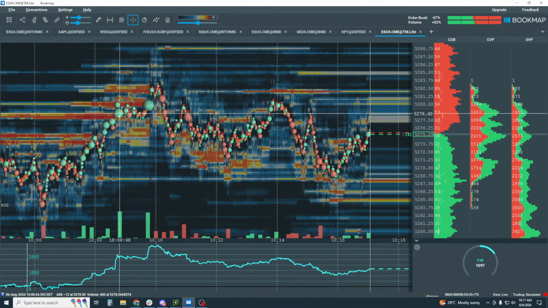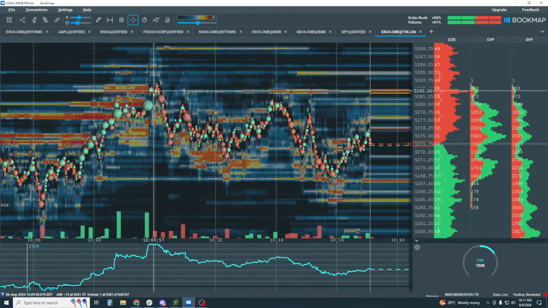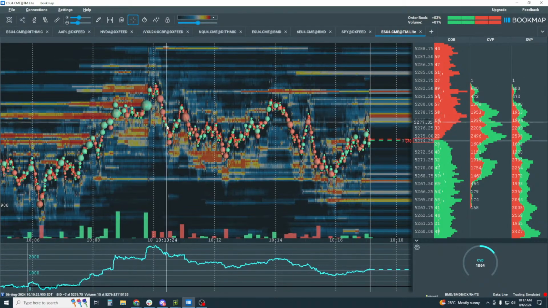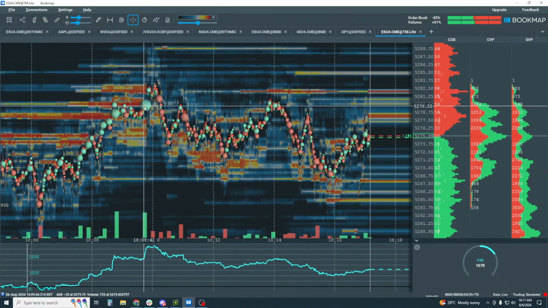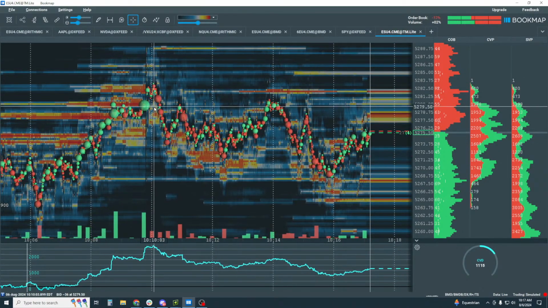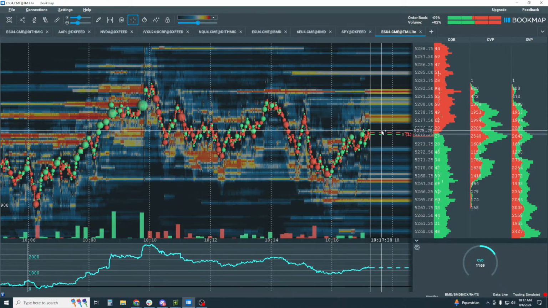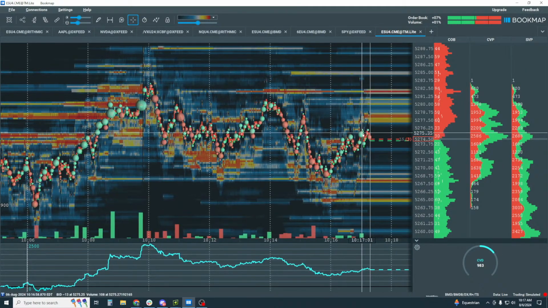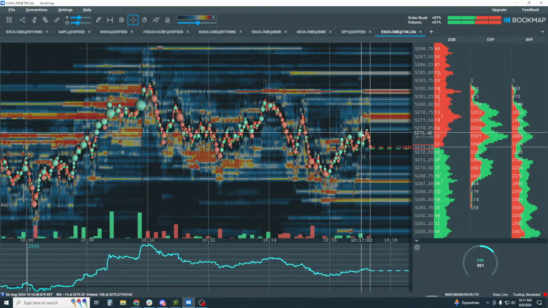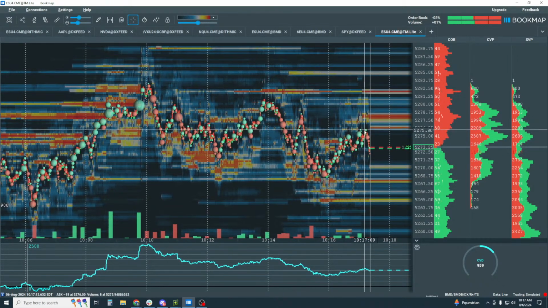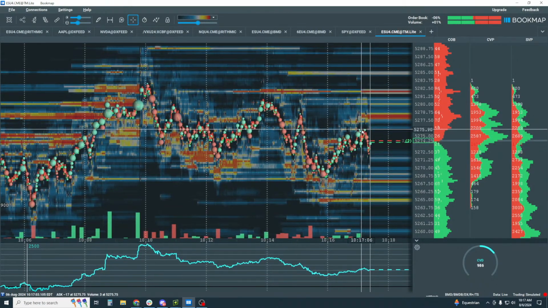So all these buyers chewed through or into all of this, but not up here, and the sellers come back in, and there's not enough demand for the market to go higher. We'll see though. Maybe there is. Maybe up in here we start to find buyers again. Right now, we can even take a step back here for bigger picture stuff.